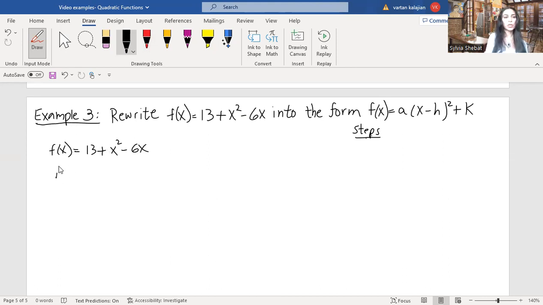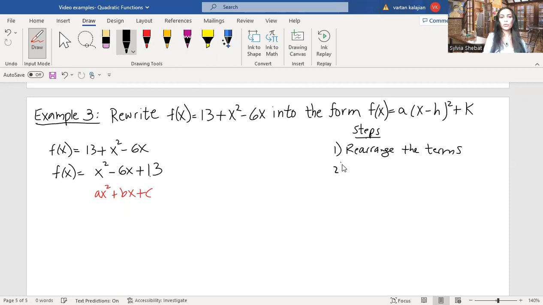So I'm going to rearrange them like so. Okay, so now it's in the form ax squared plus bx plus c. So step 1 was to rearrange the terms.